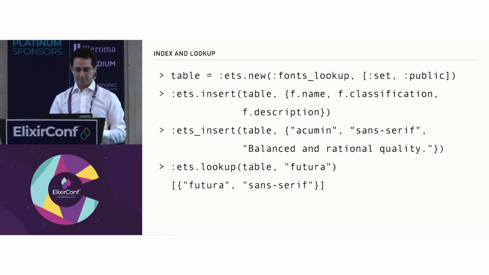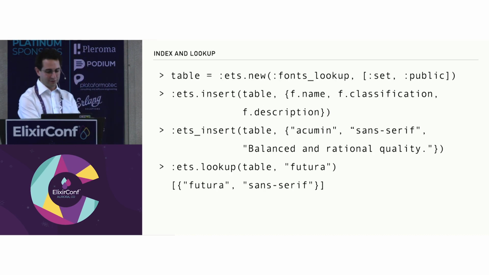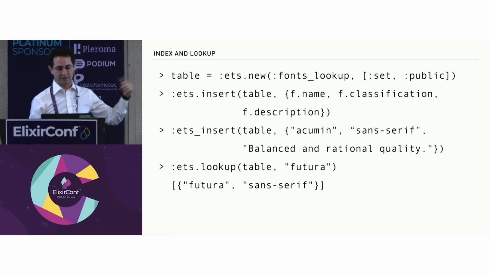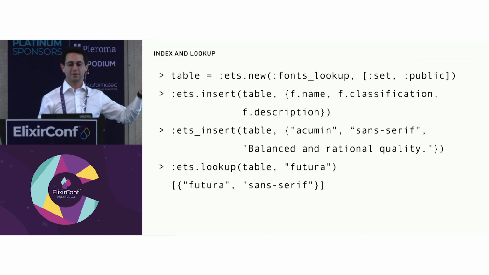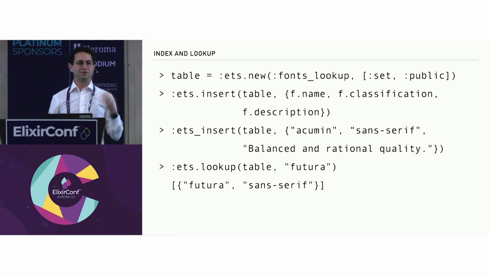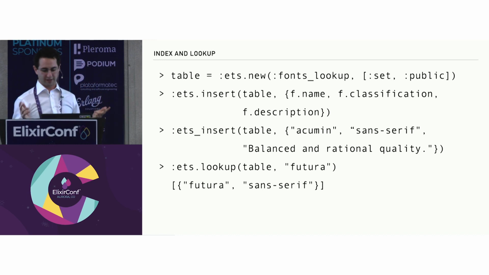So we will call :ets.new. We'll give that table a name. And then we will say what the objects in that table look like. In our case, we're using sets, and we're using public access, so any process can read this. Sets in ETS give you one key per object, there's no order, and there's no duplicates.